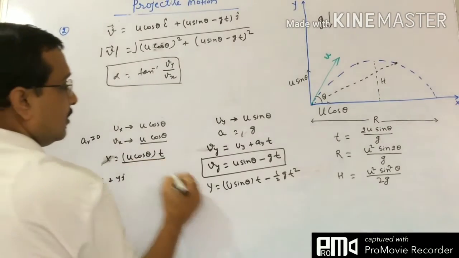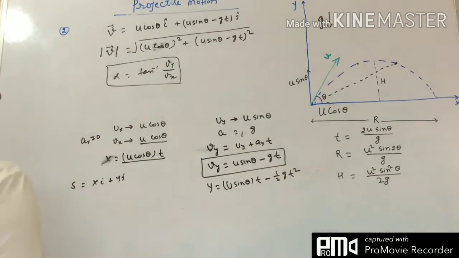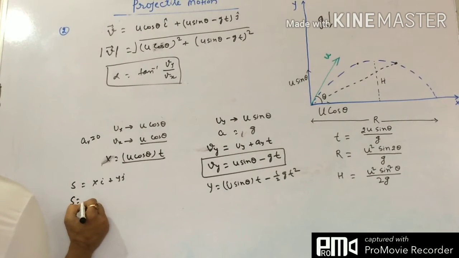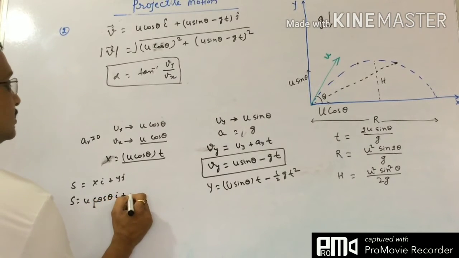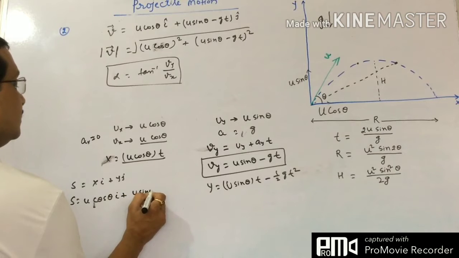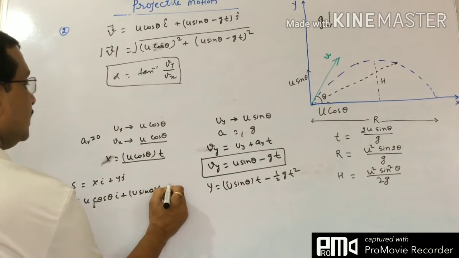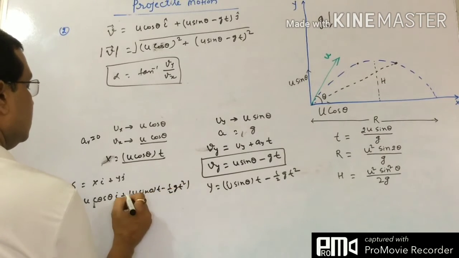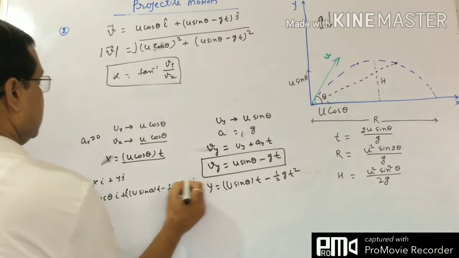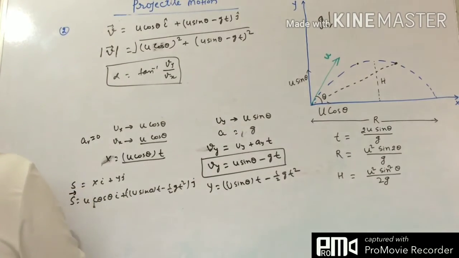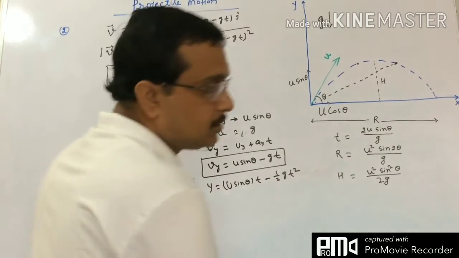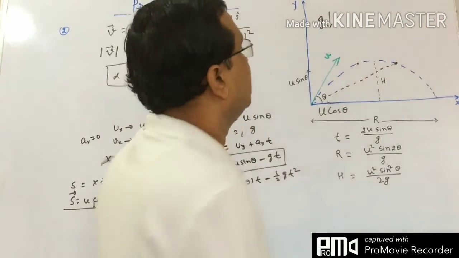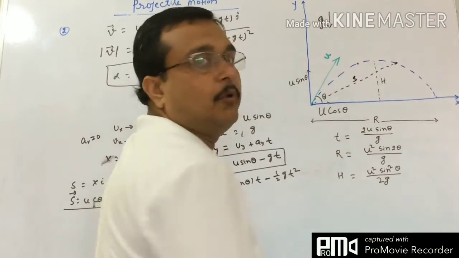X is given, y is given, putting the value here, you can find s equals to u cos theta into t into i plus u sin theta into t minus half gt square into j. This is the s. So from here we can find x square plus y square, and we can find the value of displacement. At any point we can find out.